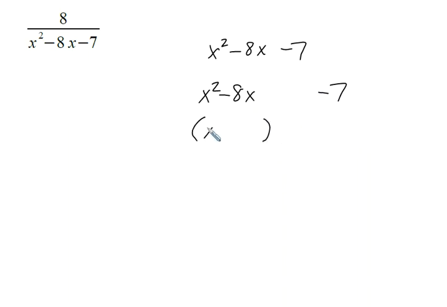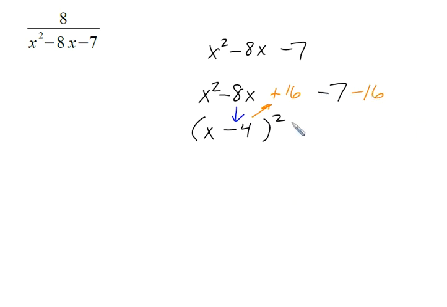So what quantity would we square so that the first two terms are x squared minus 8x? Well, it would be x, and then half of negative 8 is a negative 4. When we square negative 4, we get a positive 16. But in order to cancel out a positive 16, we need to subtract 16 because it's an expression, not an equation.